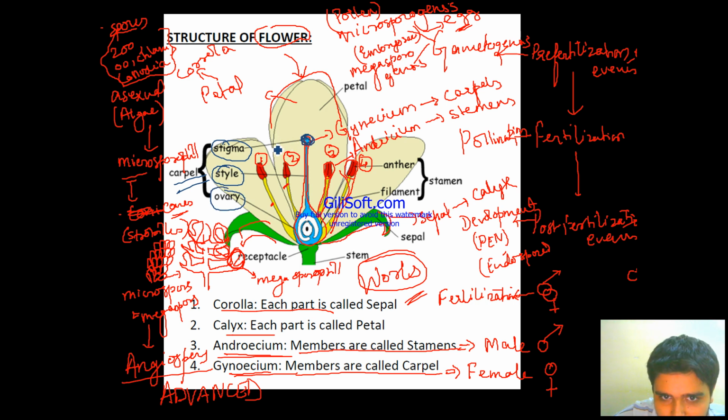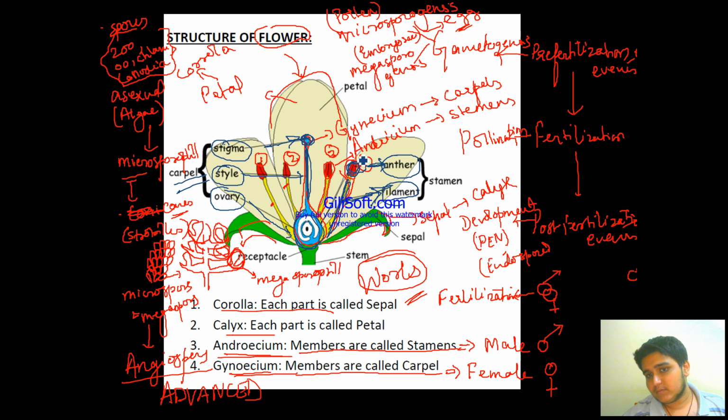This part over here is the stigma. This line-like thing is the style, and this whole bulgy thing is the ovary. I'll explain each one of them in much detail when you're studying megasporogenesis. Similarly, in the androecium, this part over here is known as the anther, and this whole line over here is known as the filament.